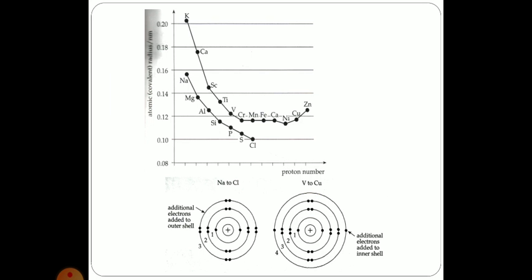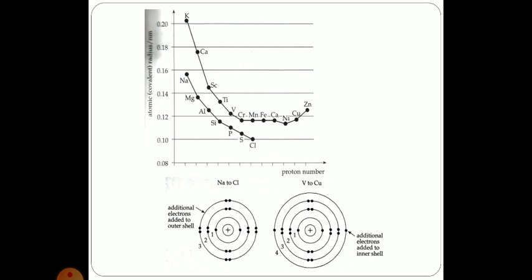Now students, look at this graph, which tells us the covalent radius, or we can also say atomic radius, from sodium to chlorine, and by proton number from vanadium to copper also.